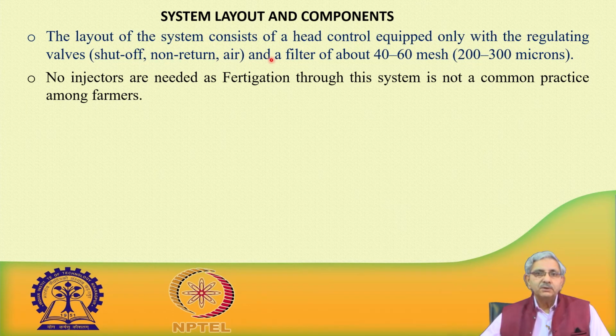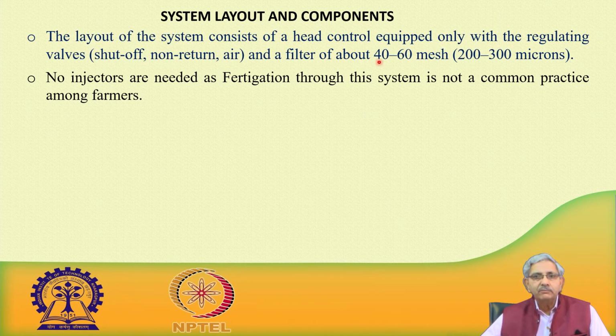The layout of the system consists of control equipped with regulating valves, more or less the same way. Except for the fertigation equipment, all other equipment is needed in the case of drip and micro sprinkler design.